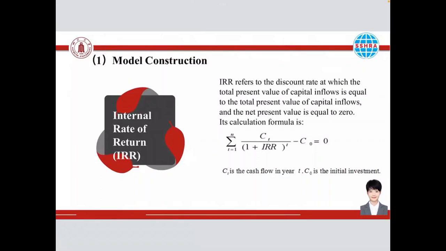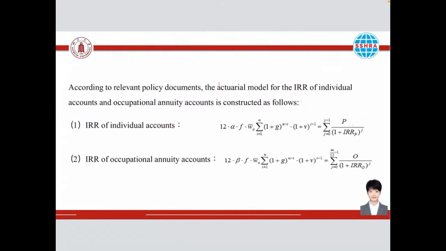Therefore, its calculation formula is as follows. Based on the above formula and according to relevant policy documents, the actuarial model for the IRR of individual accounts and occupational annuity accounts is constructed as follows.